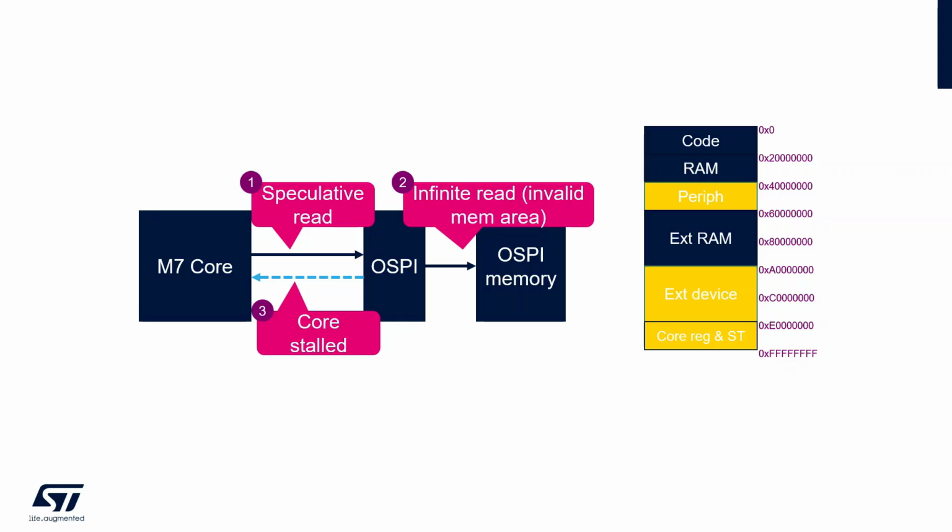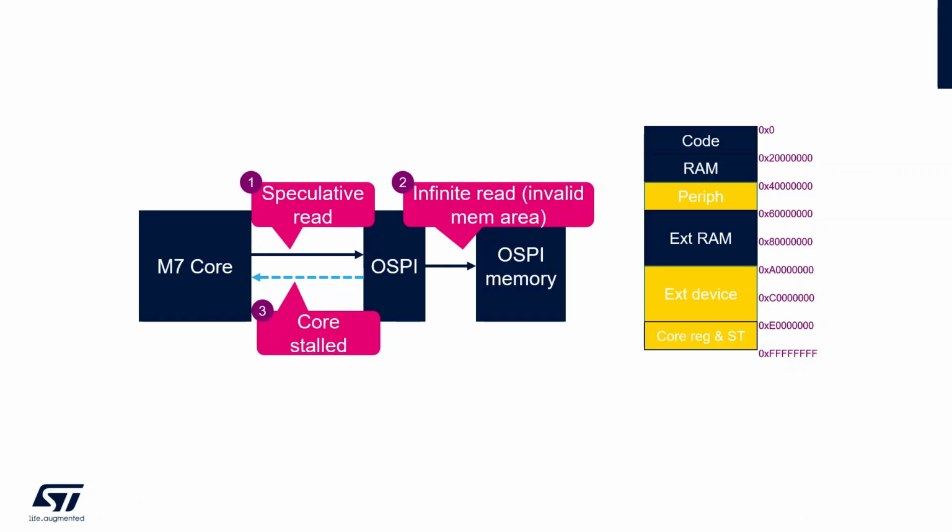The CubeMX asks us if we want to create the default memory protection unit configuration, and why? Because the Cortex-M7 is quite a complicated processor, using some advanced techniques to increase the performance, and one of those techniques is the speculative read, when the processor basically can randomly fetch data from the memory.